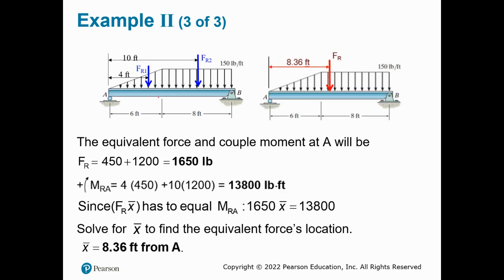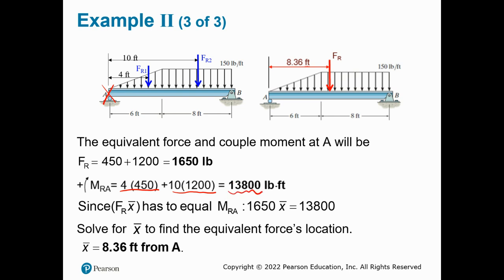So 450 is generating a moment about point A: magnitude of the force times the distance. Distance is going to be 4 feet. And the other would be FR2, magnitude is 1200 times the distance, which will be 10 feet. Both of them are generating the moment.